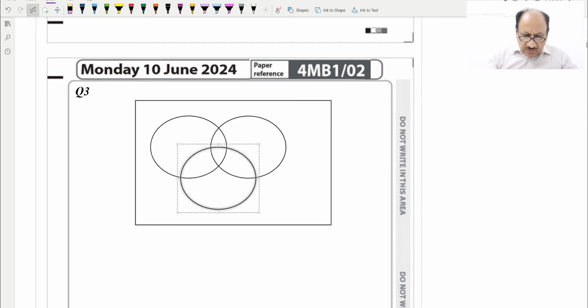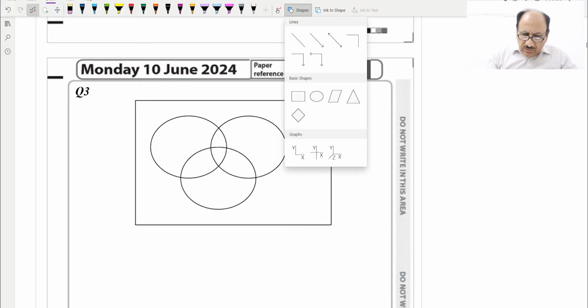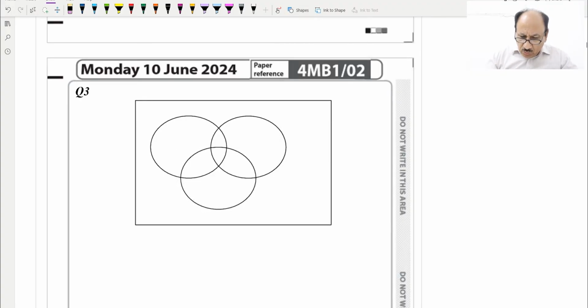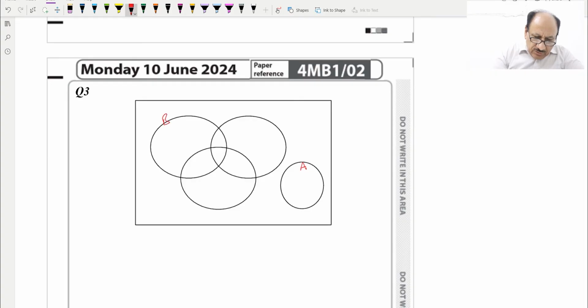These are the 3 circles, and there is another small circle which we can show over here. Now if I label the circles, this circle is A, this one is B, this one C, and this circle is D. Plus they have given some dotted places over here, and then we have to go to the question.